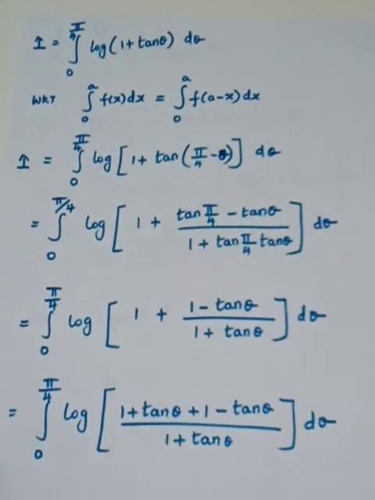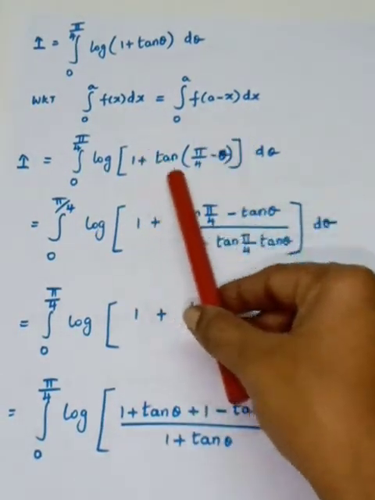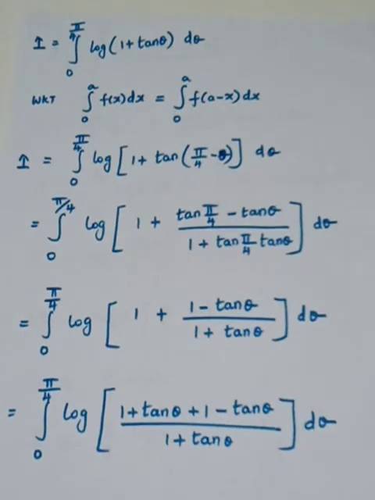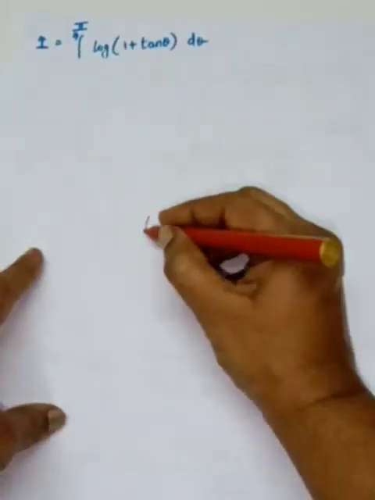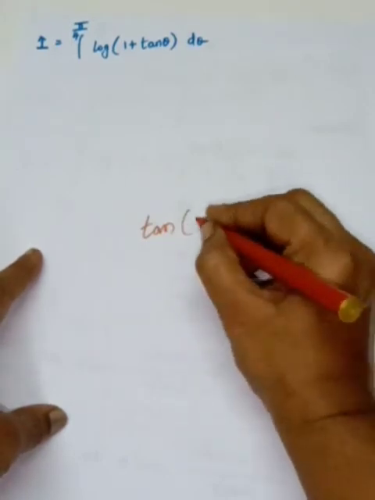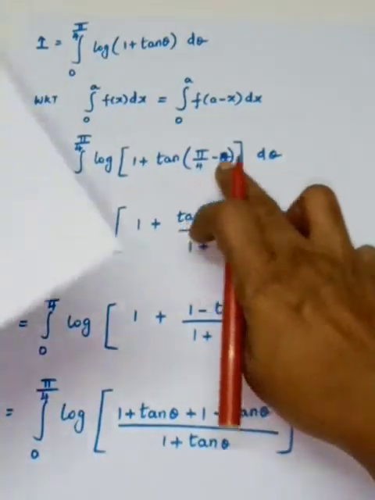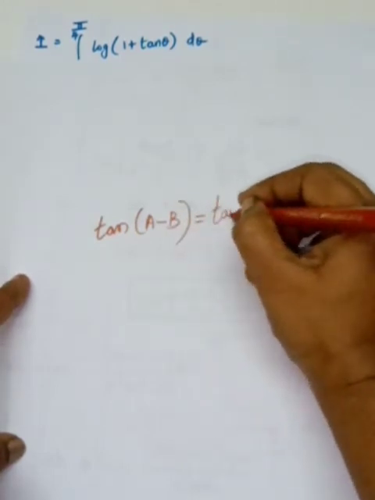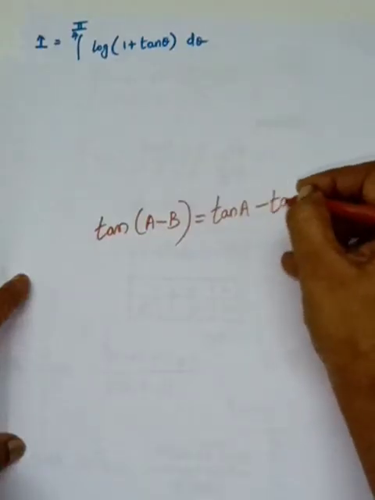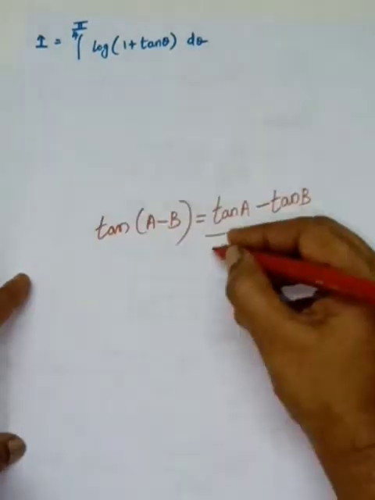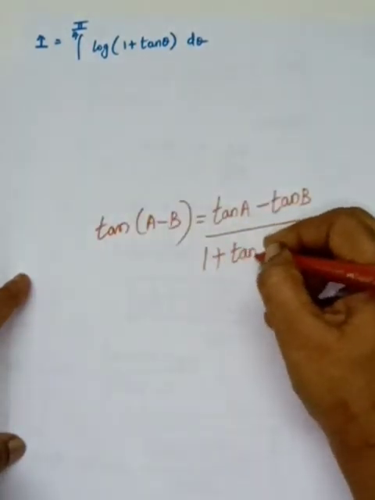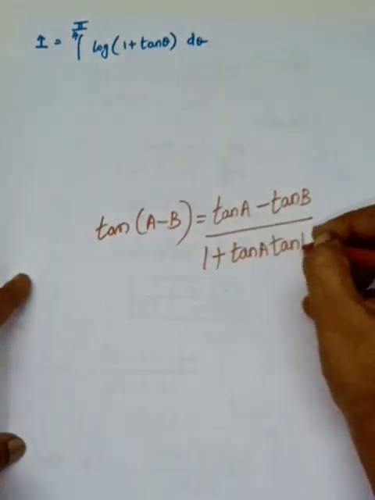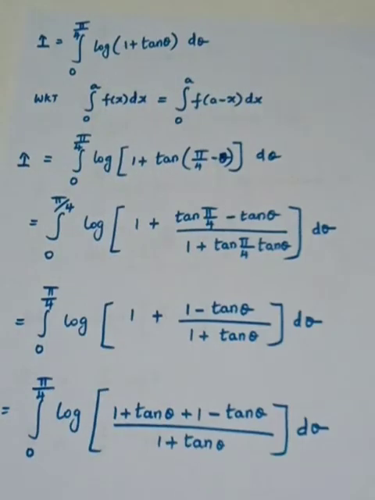Okay, so see now log of 1 plus. So it is in the form of tan a minus b. So what is the formula for tan a minus b? Tan a minus b is equal to, what is it? Tan a minus tan b divided by 1 plus tan a into tan b. So using this trigonometry formula, here your a is pi by 4 and your b is theta.